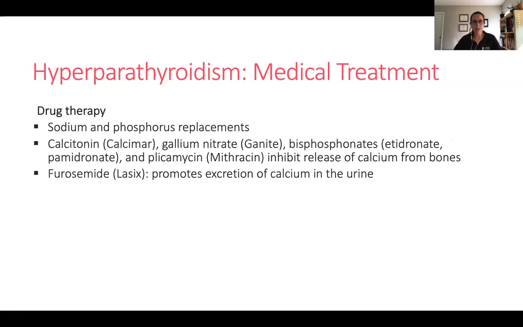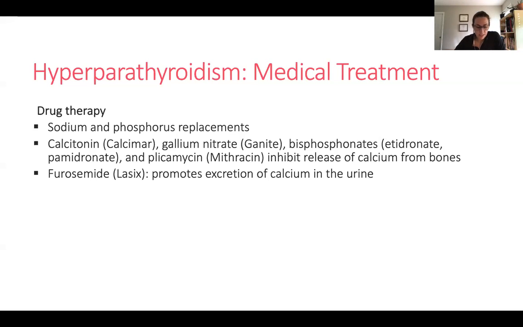So the medical treatment, they will have drug therapy, which is aimed at lowering the serum calcium level. These medications include calcitonin, that is the most common one, and then those other ones, biphosphonates, methotrexate, but calcitonin, Calcimar is the one you'll see the most commonly.